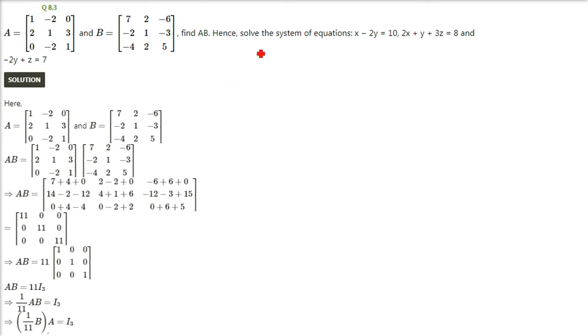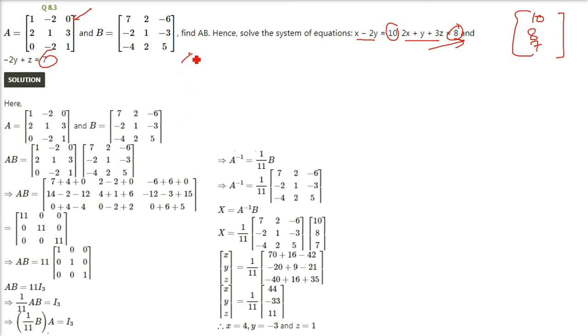So the equations are also given, and the coefficient matrix of the equations is nothing but the A matrix. Since we have already seen a question like this, let me write the B which we use in A. This is B, not the B that is given in the question. So 10, 8, 7. And when you multiply A and B, you will get a scalar matrix. So 11 you can take out.